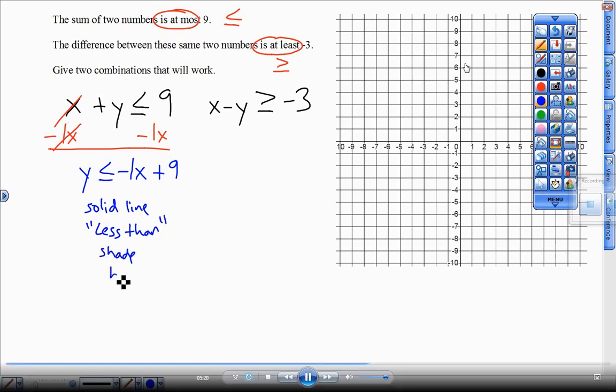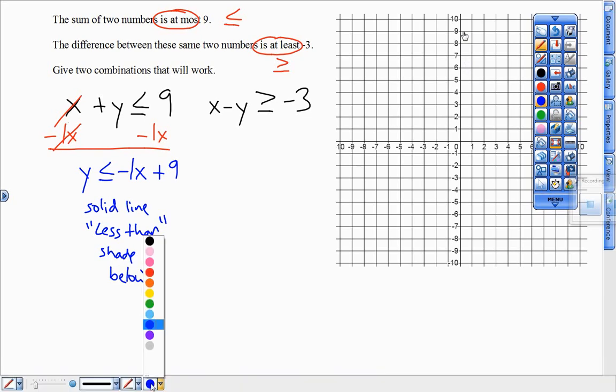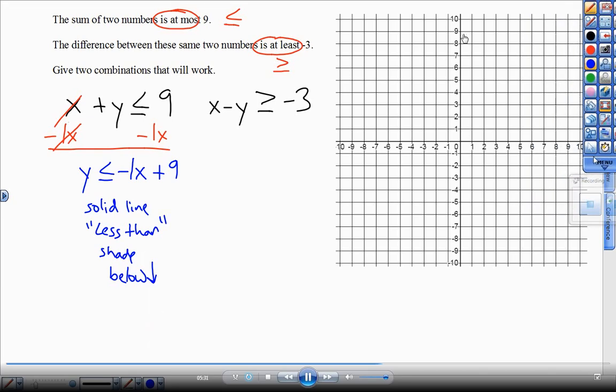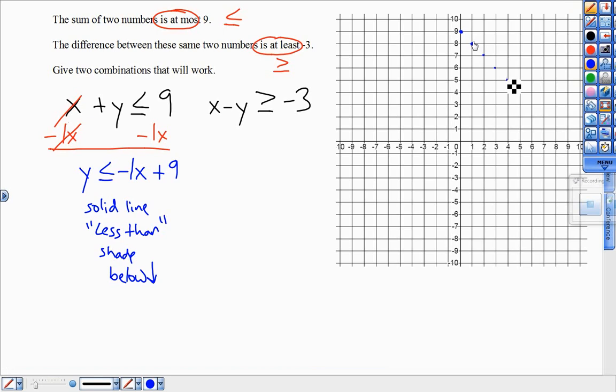So up to +9 on my y-axis. Over 1, down 1. Over 1, down 1. Over 1, down 1. Same way to graph. That will be a solid line.